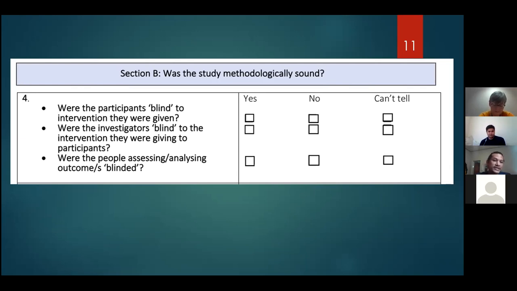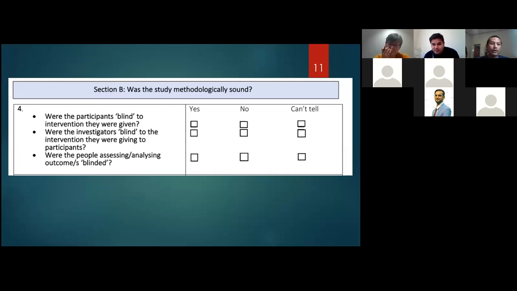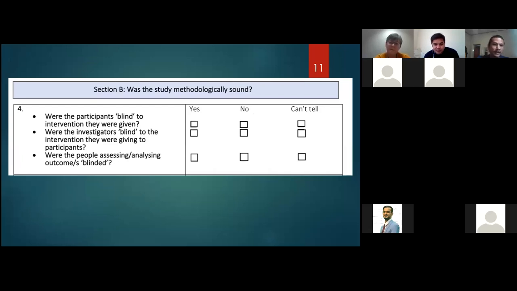And were the investigators blind to the intervention given to the participant? I would say no as well. Investigators knew what treatment was given to the patient, but the people assessing and analyzing the outcome were blinded. Yes, the people assessing the final primary outcome were blind.